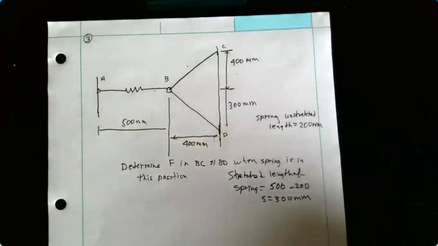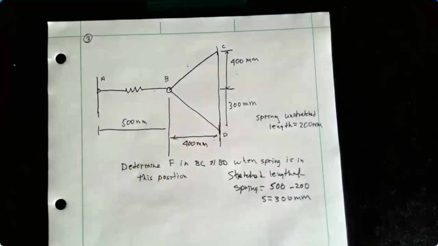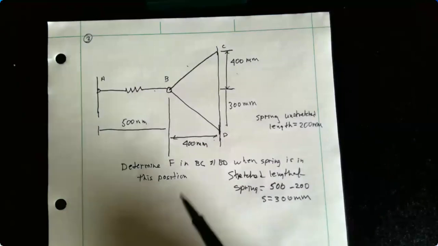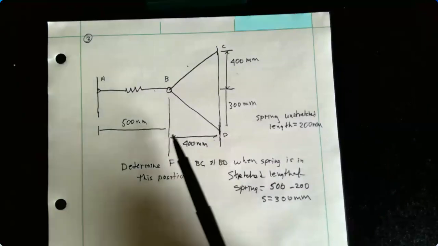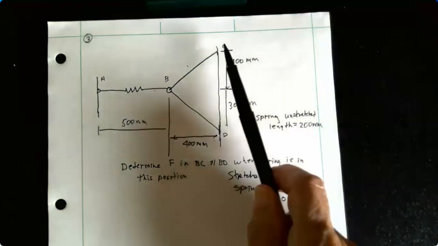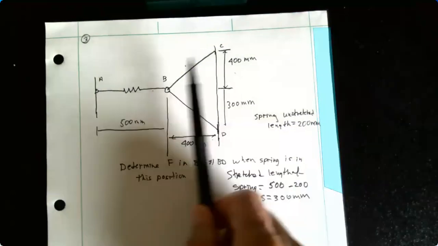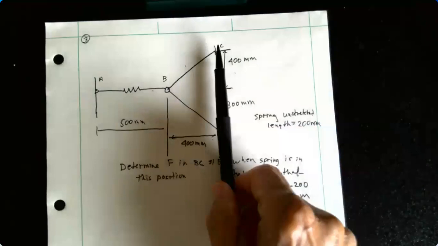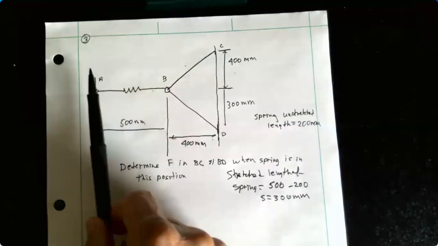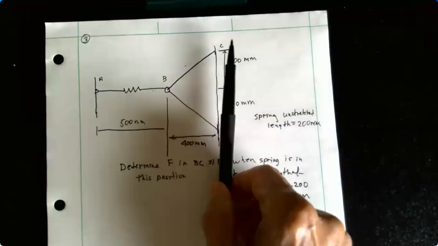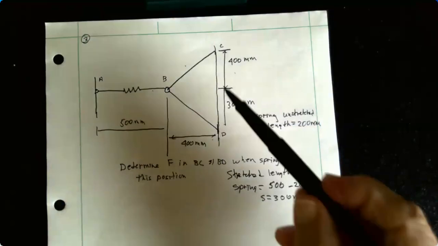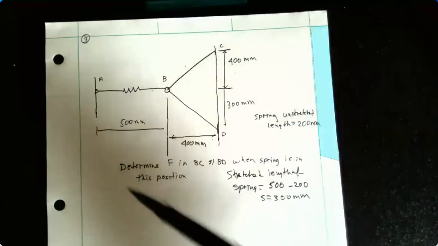So now what I need to do is draw my free body diagram. And again, the way I'm going to approach this is remove all the supports. So I'm going to remove this wall system over here, or support, whatever we have. And all three forces are acting at a point, so I have a particle problem.